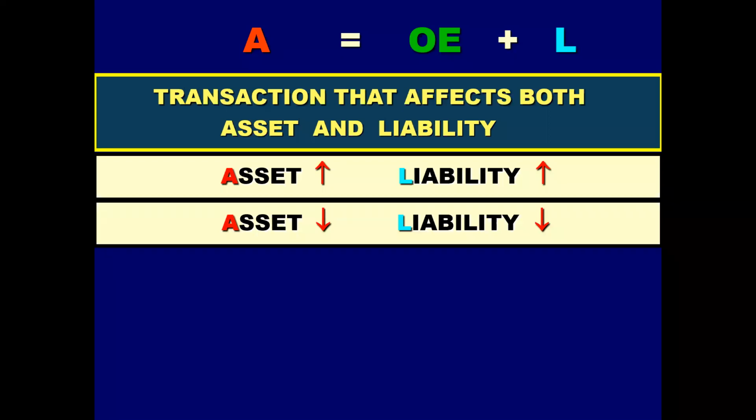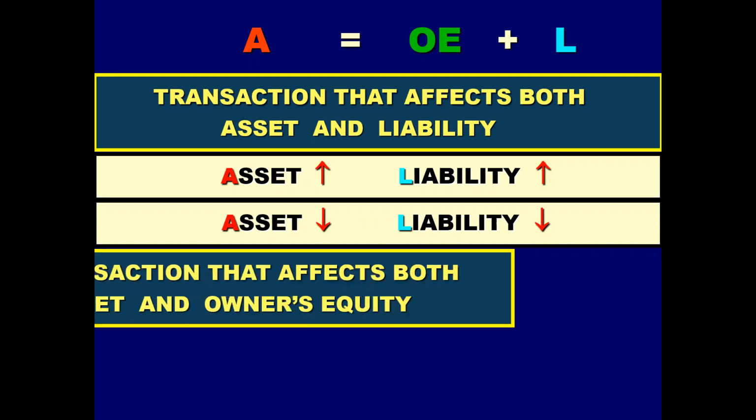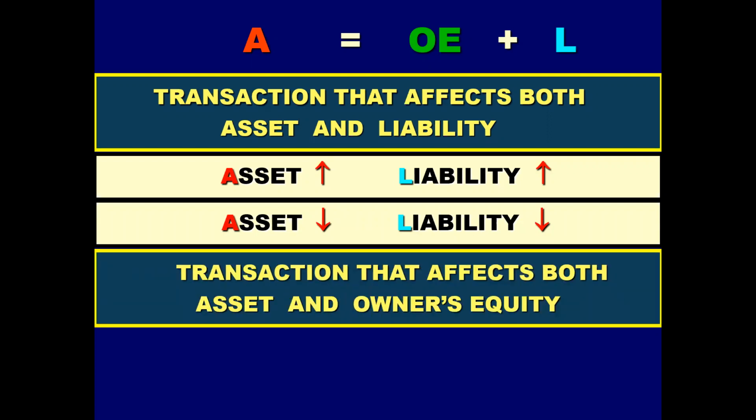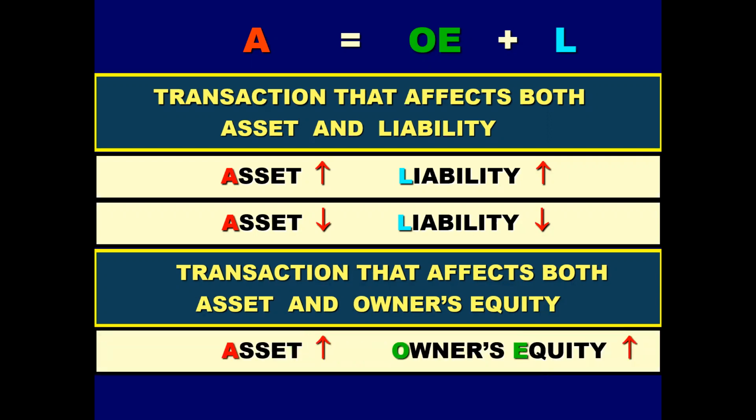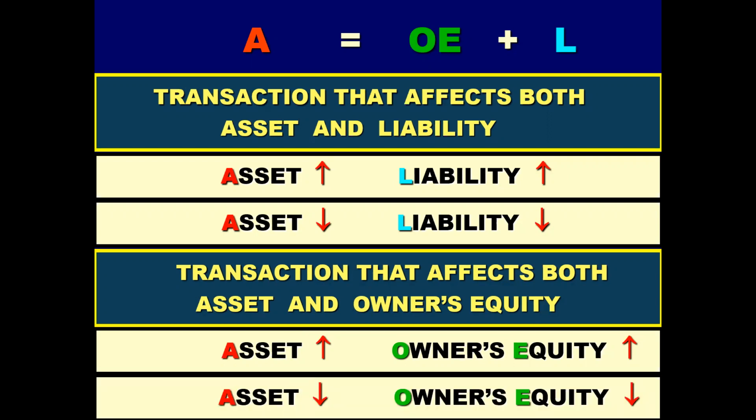See, your first rule, asset increase, at the same time liability increase. Second rule, asset decrease, liability also decrease. Third rule, the transaction that affects both asset and owner's equity: asset increase, owner's equity also increase; asset decrease, owner's equity also decrease.